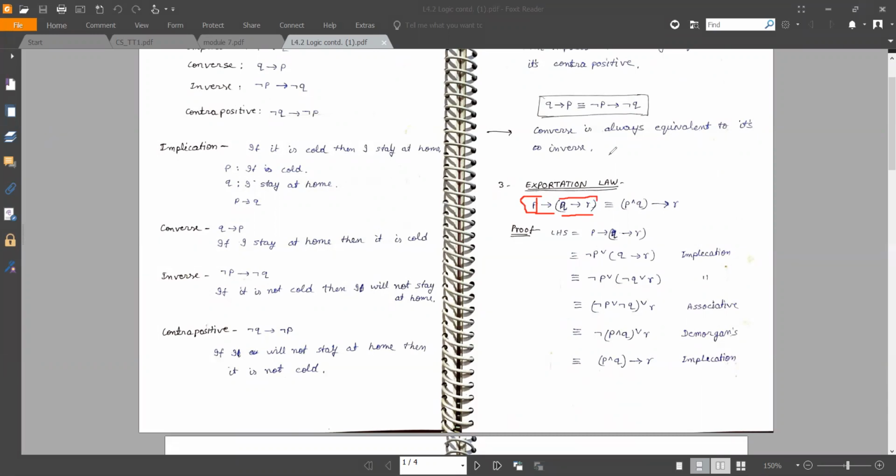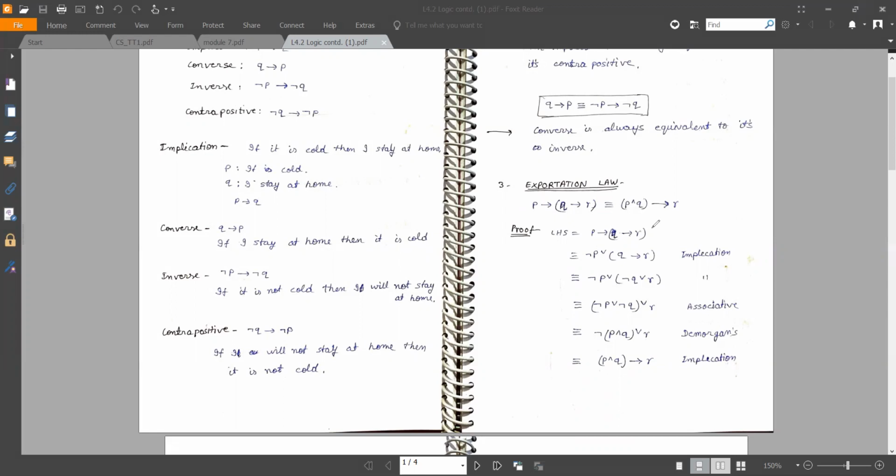So we have a nested implication. This rule states that a nested implication is equivalent to the conjunction of the first two variables implying the third variable. So how are we going to prove this?